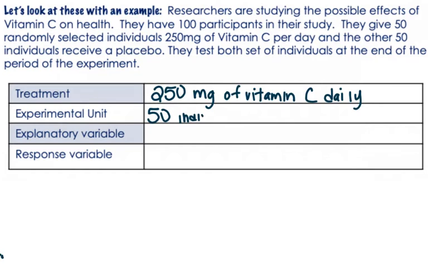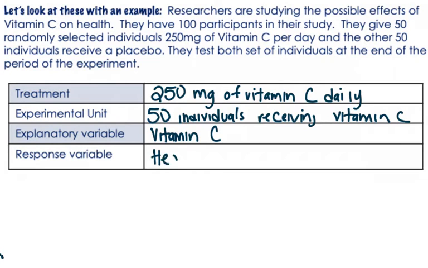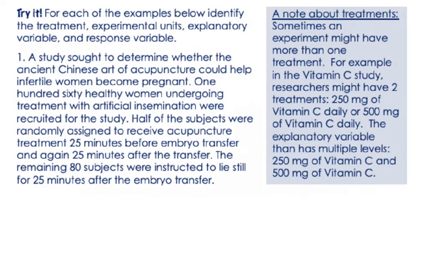So I'm going to say 50 individuals receiving the vitamin C. Alright, our explanatory variable, that is our vitamin C. That's what we're looking at. And the response variable is just going to be overall health. So does vitamin C cause overall health benefits is what we're looking at.